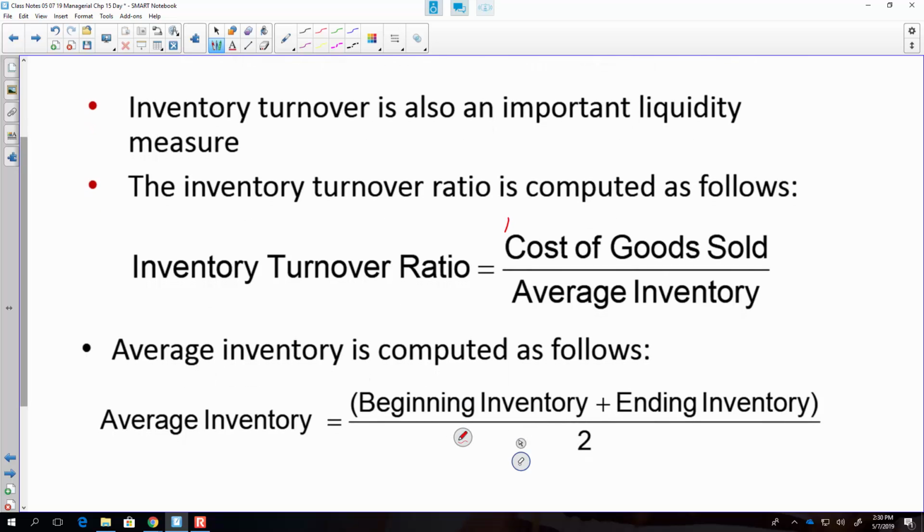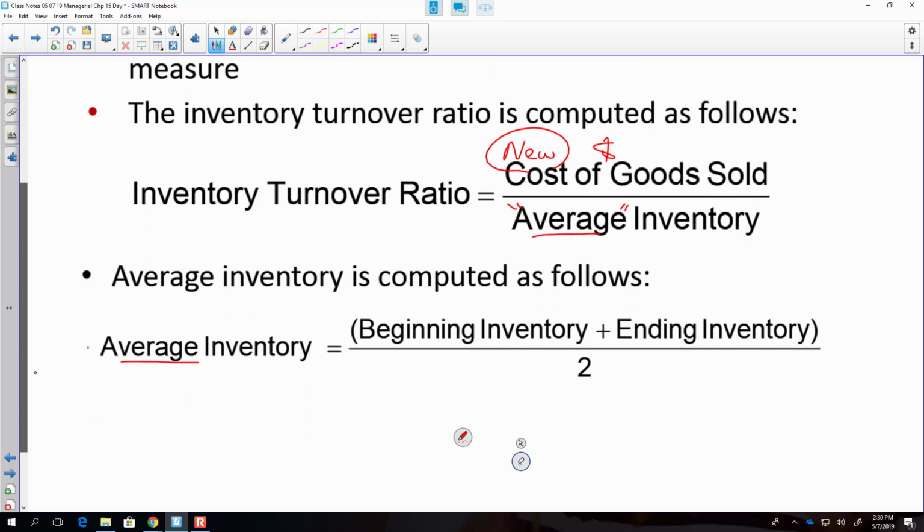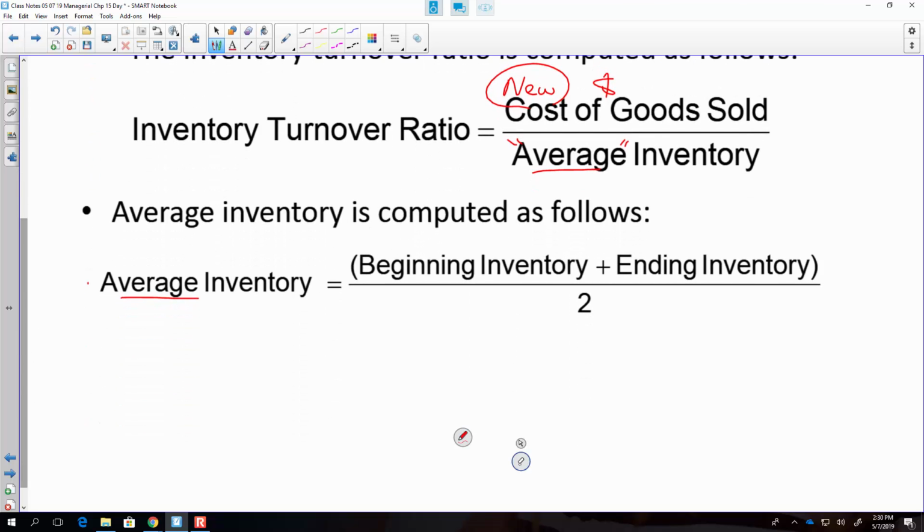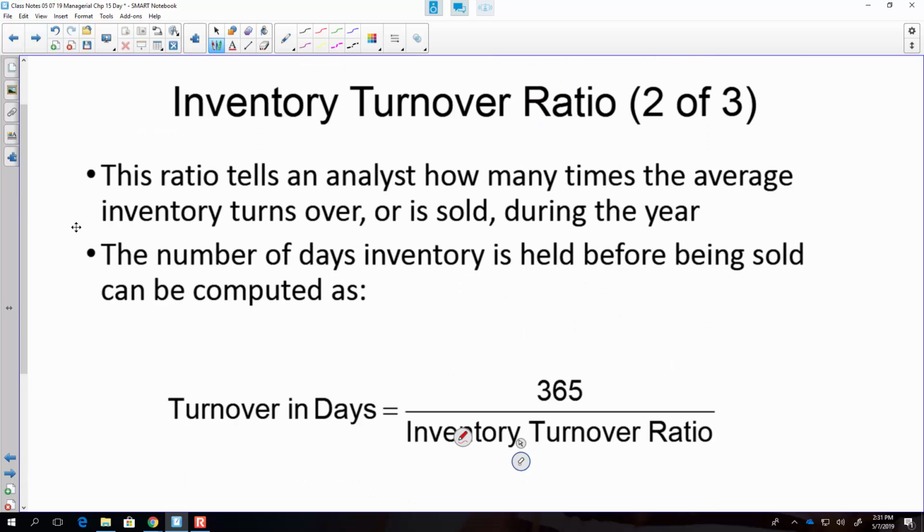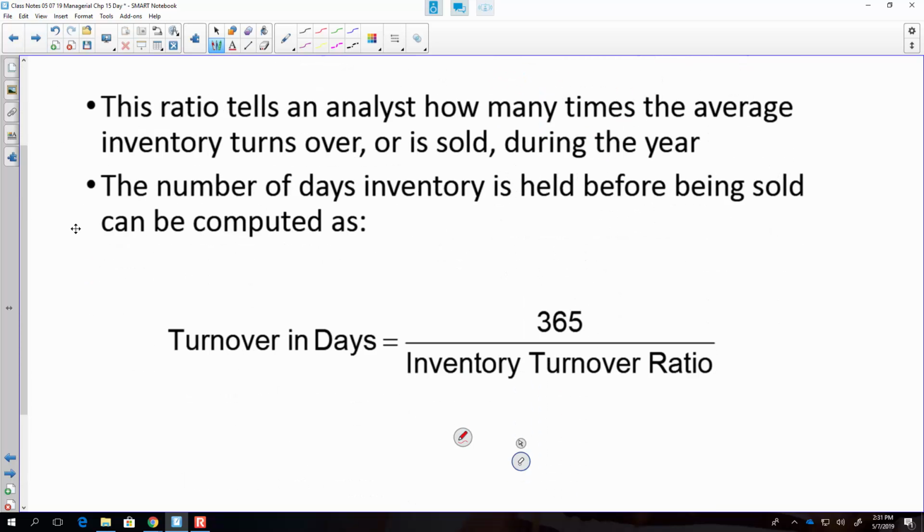So this is new compared to accounts receivable. We divide our cost of sales dollars by our average inventory cost. How do we get our average? We take our beginning inventory plus our ending, divide by 2. That gives us the ratio, and then we convert that into days by dividing it into 365.